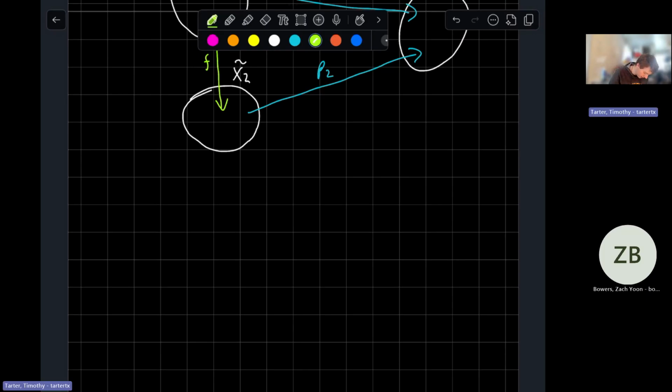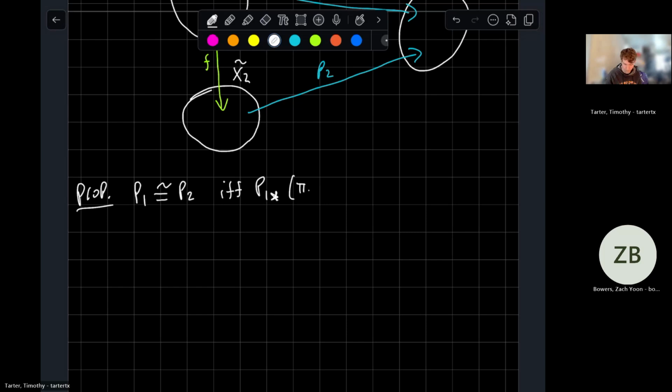And then the proposition that's important is that two covering spaces are isomorphic if and only if p1 star, if their fundamental groups correspond.